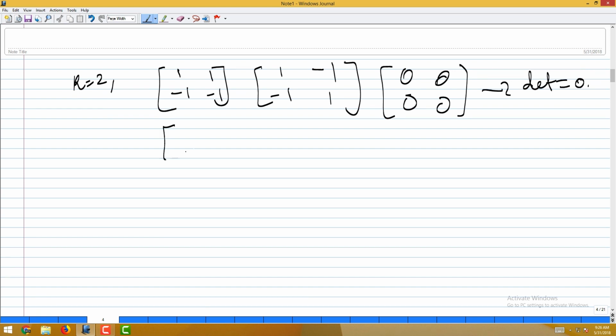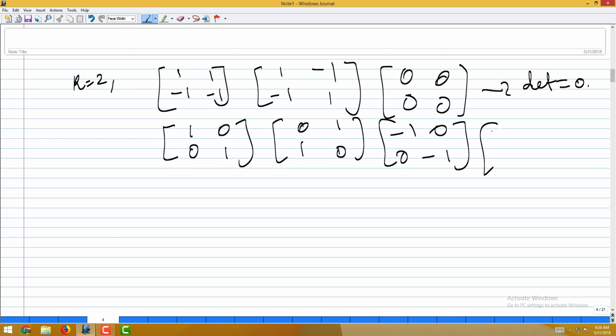What are the other left out possibilities? I will have 1 0 0 1, 0 1 1 0, or minus 1 0 0 minus 1, or 0 minus 1 minus 1 0. These are the other possibilities for my 2 by 2 entries. Technically you can extend this argument, but first let me finish this.